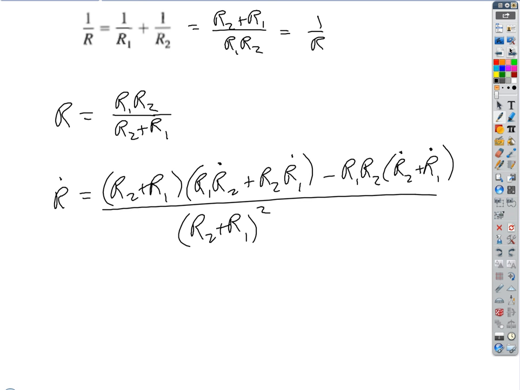Honestly, what I'd probably do is this. I'd probably say on my calculator the first term on the top, the R2 plus R1, and then the term on the bottom, you can just take those out really quickly. No, you need to take it from the right side too. But what you could do is something like this.